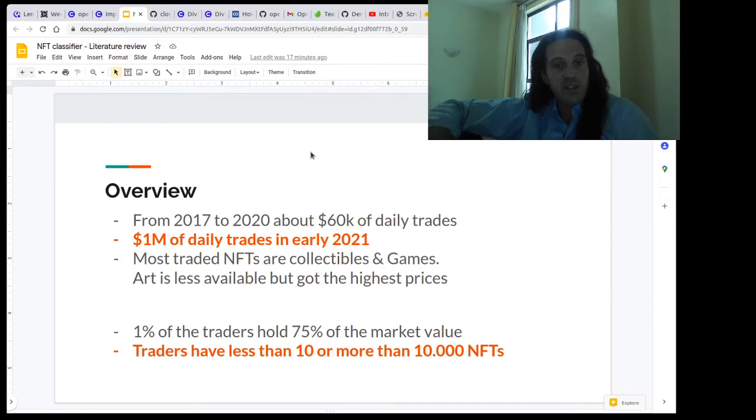Most traded NFTs are collectibles and games. Art is less available but got the highest price on the market. And 1% of the traders hold 75% of the market value, so it's a very concentrated market. As a result, traders have, let's say, fewer than 10 NFTs or more than 10,000.